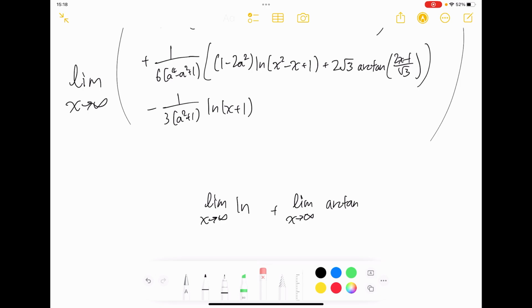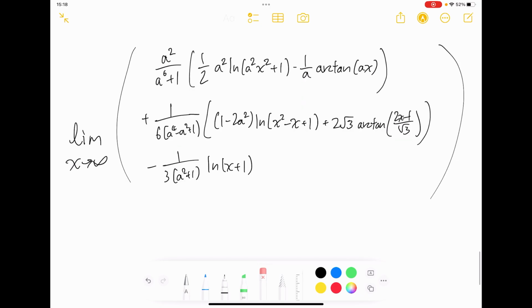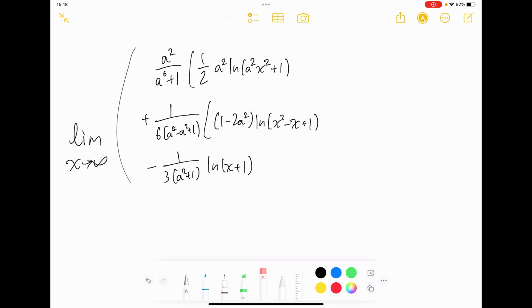We'll start with the ln part, and let's do it. For the ln part, we ignore the inverse tangent parts, so let's just get rid of those. I'll copy it down so we have something easier to work with.